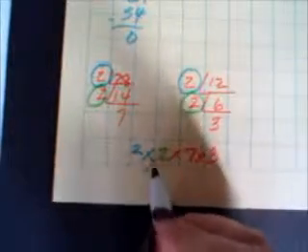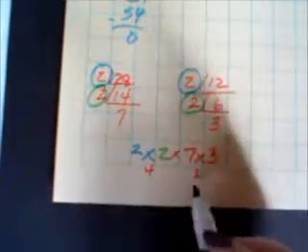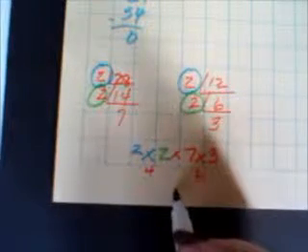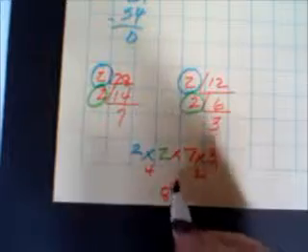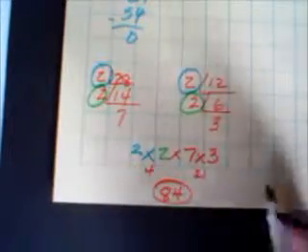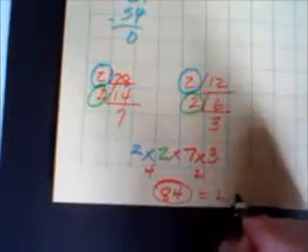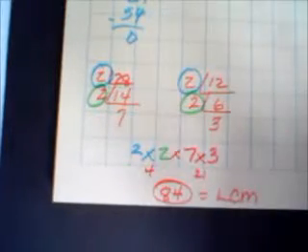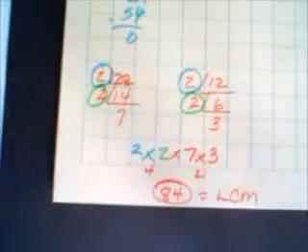So what is 4 times 21? 4 times 21 is 84. So 84 is going to be the least common multiple, or if they were denominators, it would be your least common denominator. Hope that makes sense.